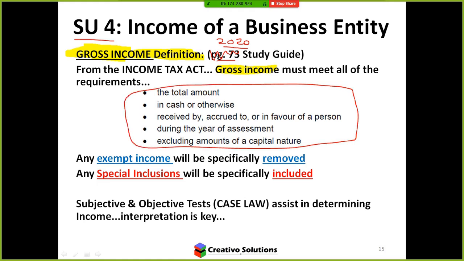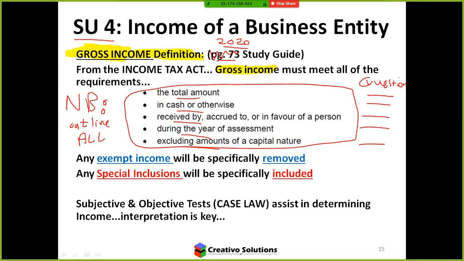In terms of exams, you have to outline all of them, so it's a good idea to just study this. When you go into the exam, you literally write them down, then go to the question, and then motivate why you think income is income.